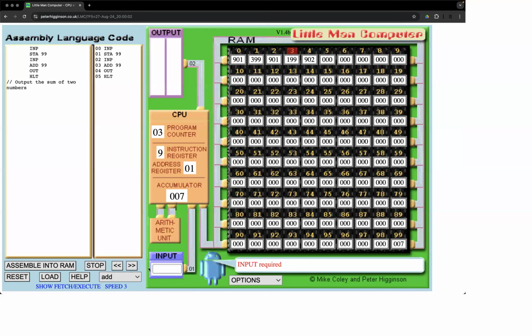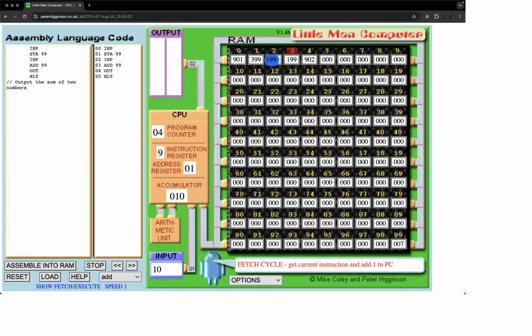One more input, maybe I'll put 10. Slow down. Once I put in the 10, it goes to the AC, and the AC saves the value. The program counter still adds 1, and then we go to instruction 3 to grab it.